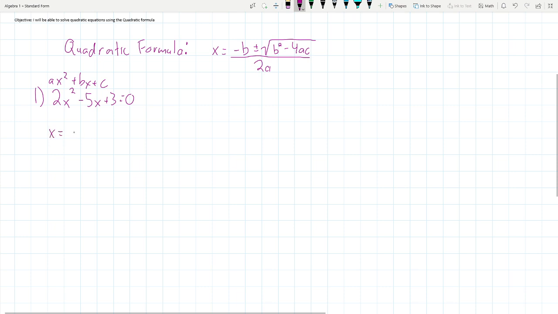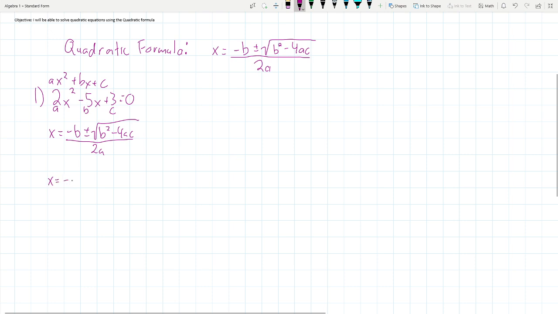So x equals the opposite of b plus or minus square root b squared minus 4ac all over 2a. I need to figure out, this is a, this is b, and this is c. You should be somewhat familiar with that from standard form. So I'm going to plug stuff in. x equals the opposite of b.